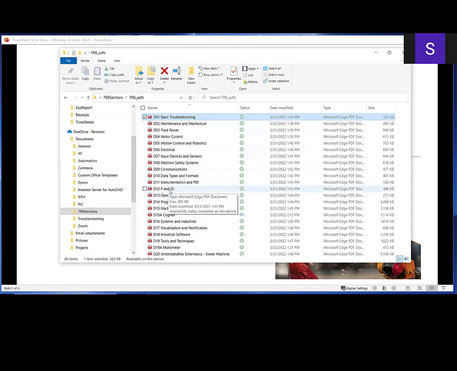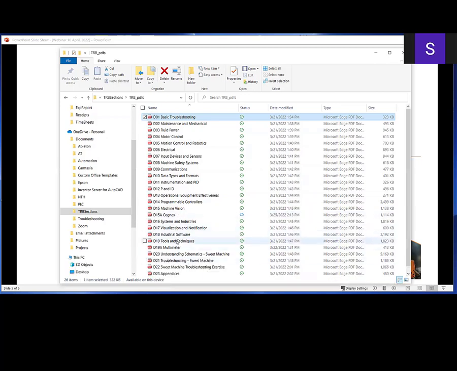I even had to break down the difference between P and ID and PID, right? So there's some stuff in here on PID circuits. I don't know if I broke that out separately. Let's see. Operational equipment effectiveness. Probably PID is somewhere back in here. I had to differentiate between P and ID and PID.